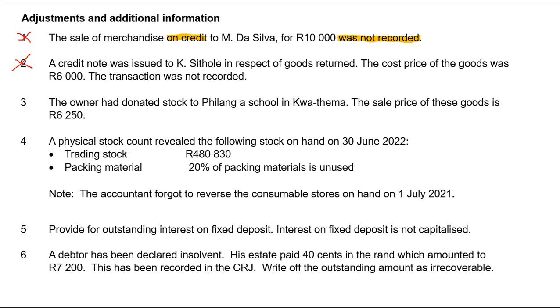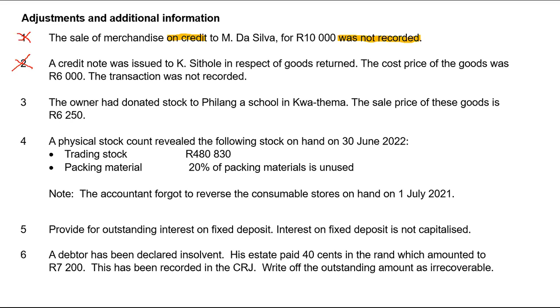The owner had donated stock to Pilang, a school in Guatemala. The sale price of these goods is 6,250. Please note that here we did not sell the goods. We actually donated the goods. We gave the goods away.